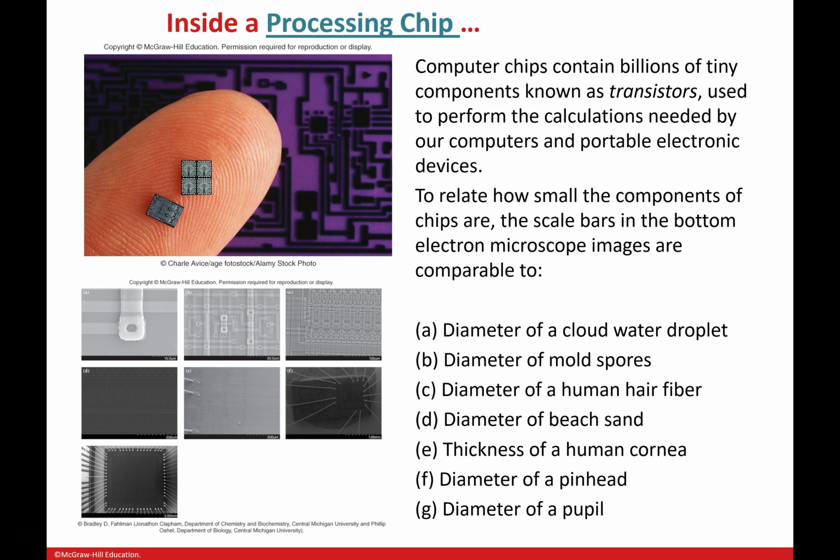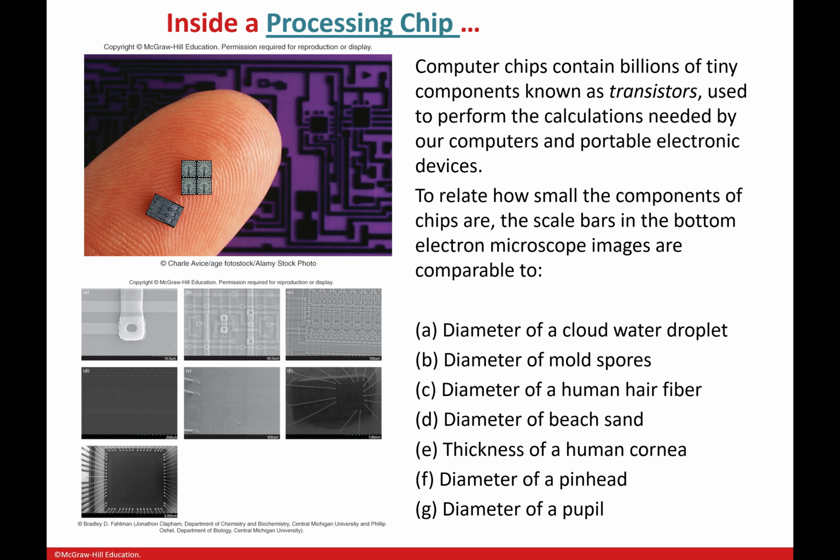Do you guys need to fill in those? Water droplets, mold spores, human hair fibers, beach sand, thickness of a cornea. See, now I'm good with this list, and again, I don't mean to complain about the slides I've been given to use with this class, but they get smaller and smaller.